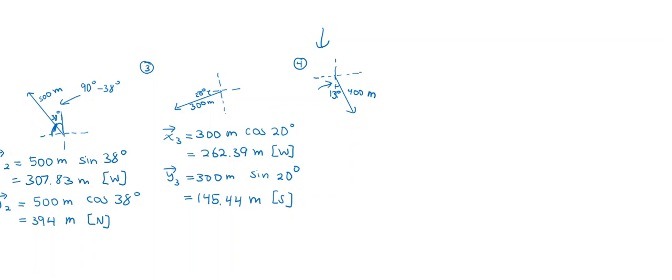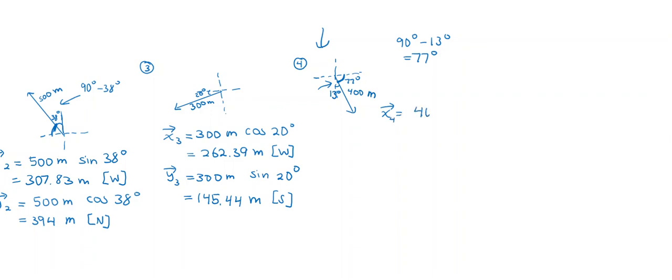So if you want to do it the alternative way, you can just do 90 degrees minus 13, which is 77 degrees. And now you know that this angle here is 77. And then now you can just do the same old cosine is x and sine is y.